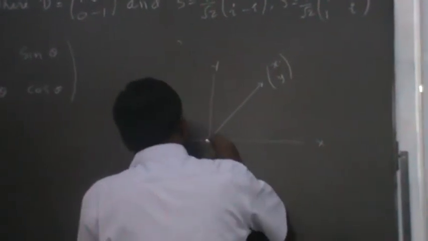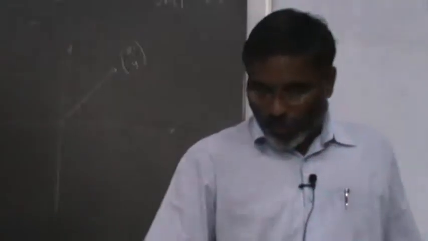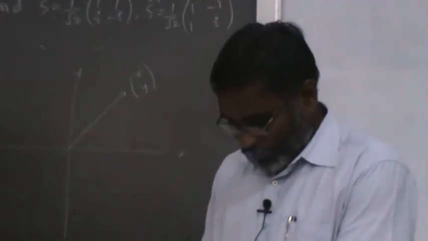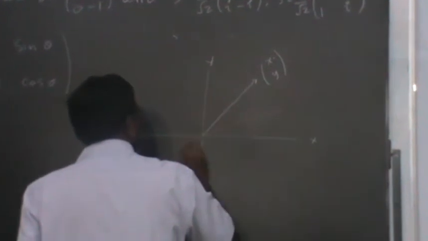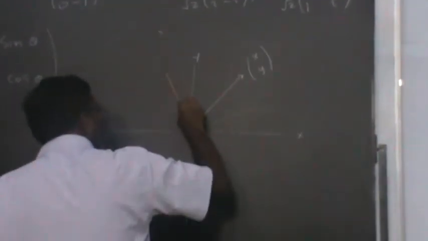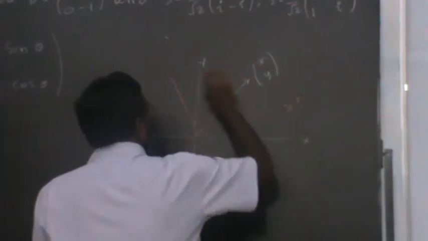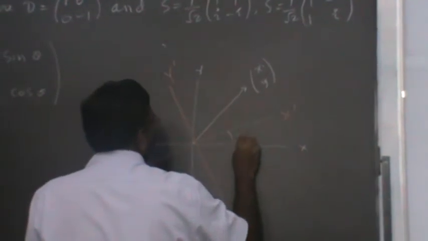Now suppose I rotate this coordinate system. So let's say that I have a coordinate system which is rotated like this. With respect to the previous coordinate system, this is my x prime and this is y prime. So this angle, I call it as theta.